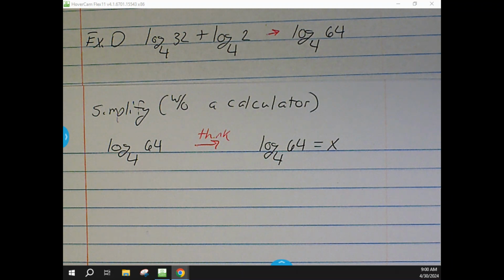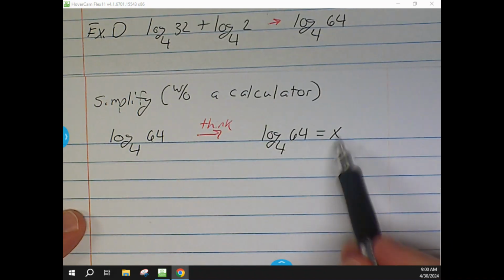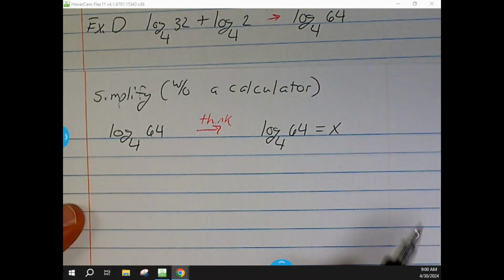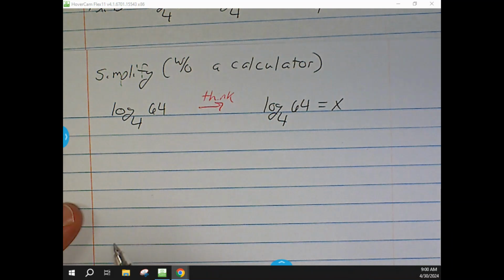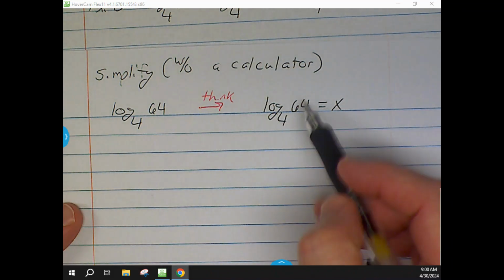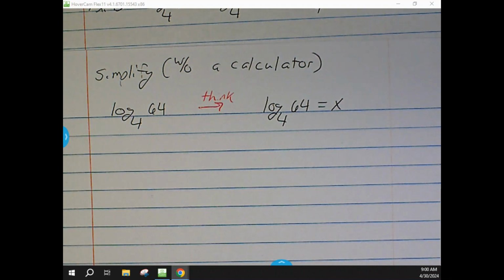So I've got log base 4 of 64. What does this thing actually equal? So go ahead and put an equals x here. They don't put that, and a lot of times that used to throw me off because they said solve this, and I was like, there's not an x there. So if they tell you to solve this thing, especially without a calculator, go ahead and think that whatever you've got equals x.